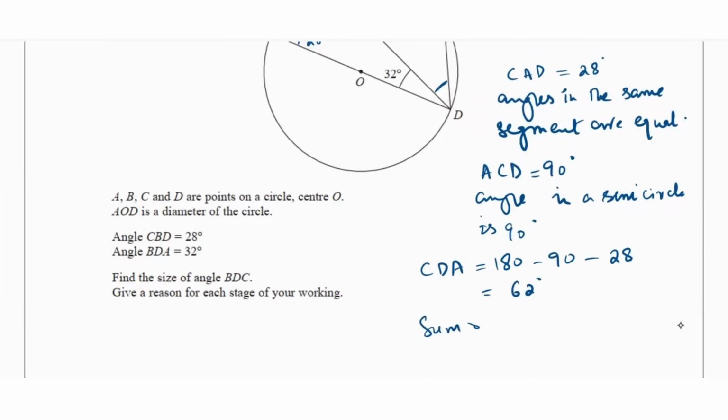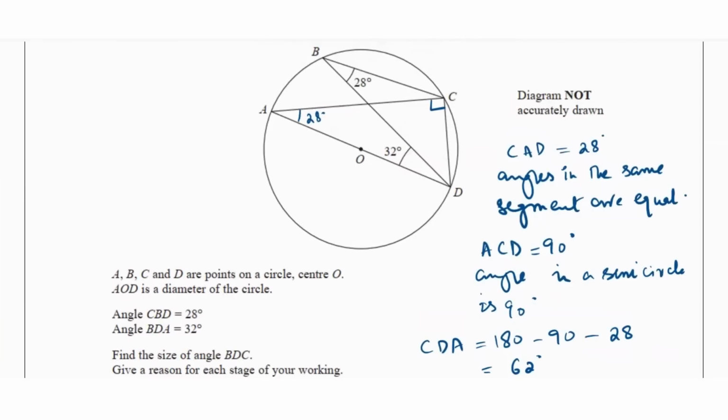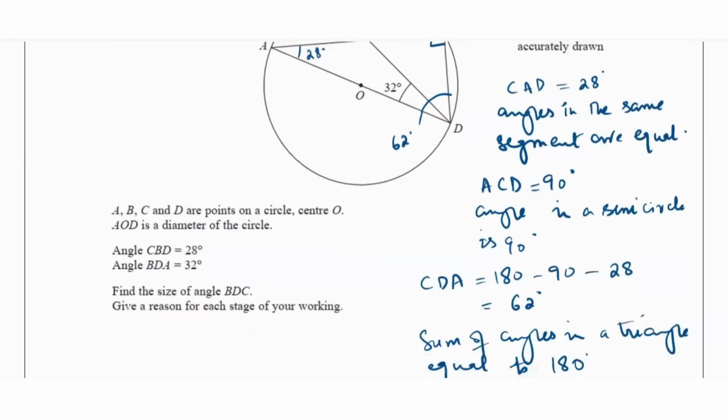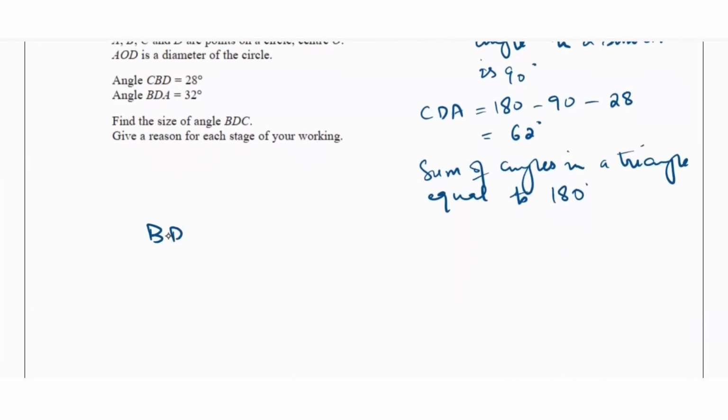Reason is sum of angles in a triangle equal to 180 degrees. So we know that this entire angle is 62. And if this is 32, that means for BDC, we can do 62 minus 32. And that's 30 degrees. So that's your answer.